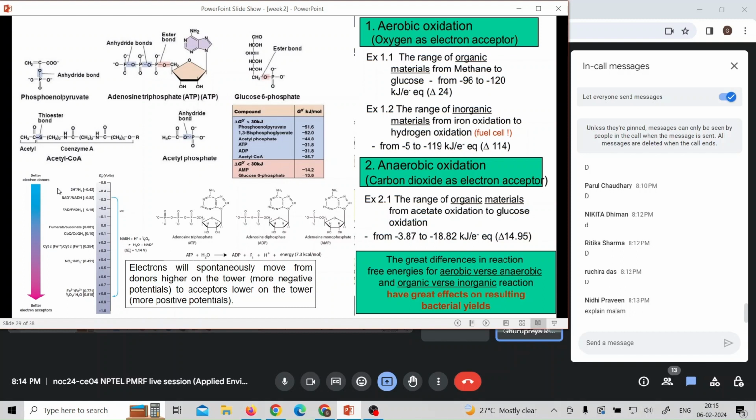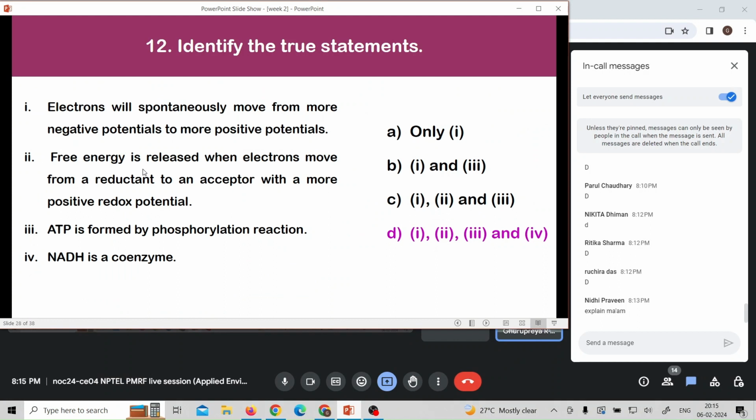When it is very spontaneous, you know that it can give out energy. So that is what is given here. Free energy is released when electrons move from a reductant to an acceptor with a more positive redox potential. Acceptors have a more positive potential, whereas the reductant is the molecule that is going to give the electron.